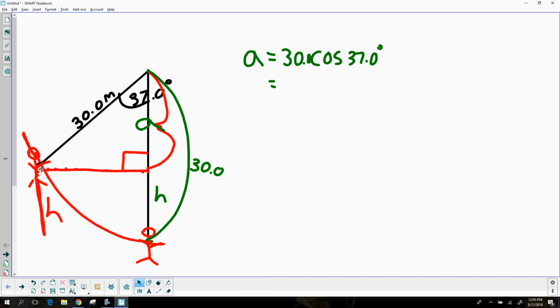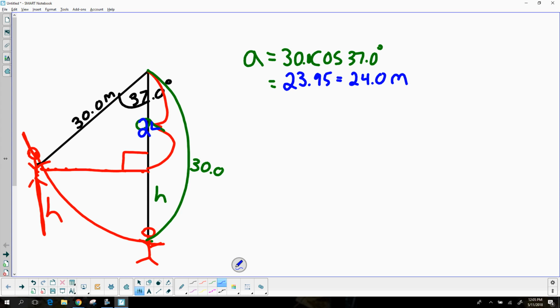So what I can do here is type this into the calculator. Make sure, if I give you a question like this tomorrow, Monday, the calculator is in degrees, not radians. And you get 23.95, which rounds to 24.0 meters.